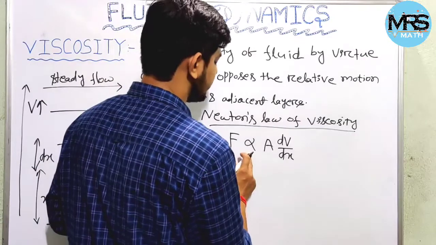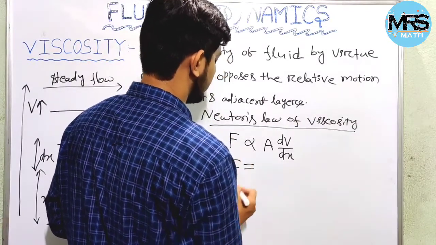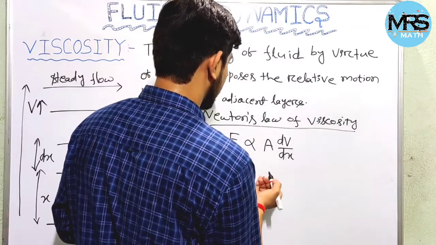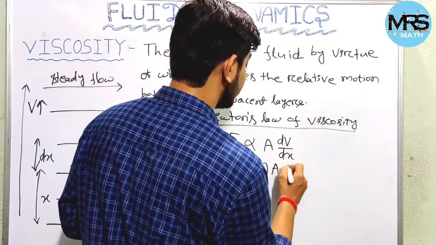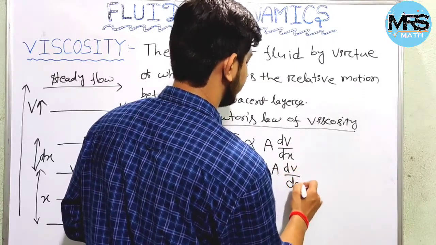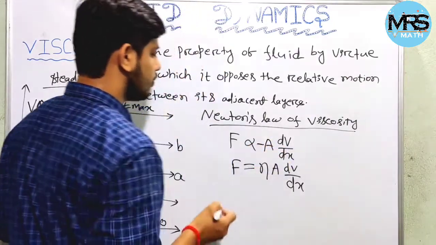If you remove this proportional sign, we can write F equal to some constant, that is eta, times A dv by dx. Here we can also put a negative sign. Why am I writing this negative sign?